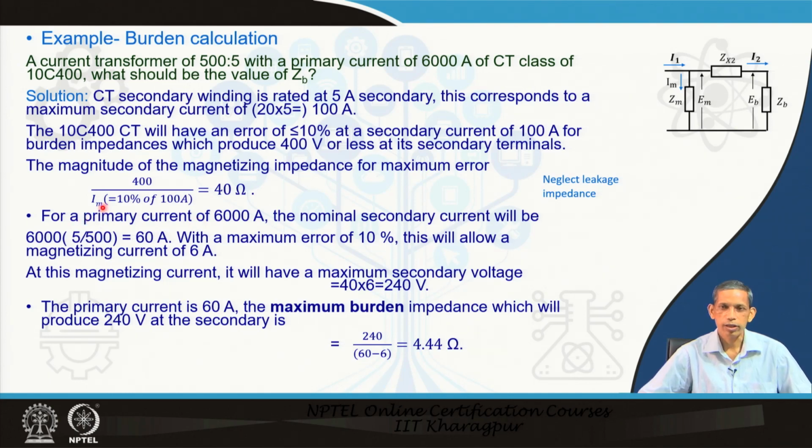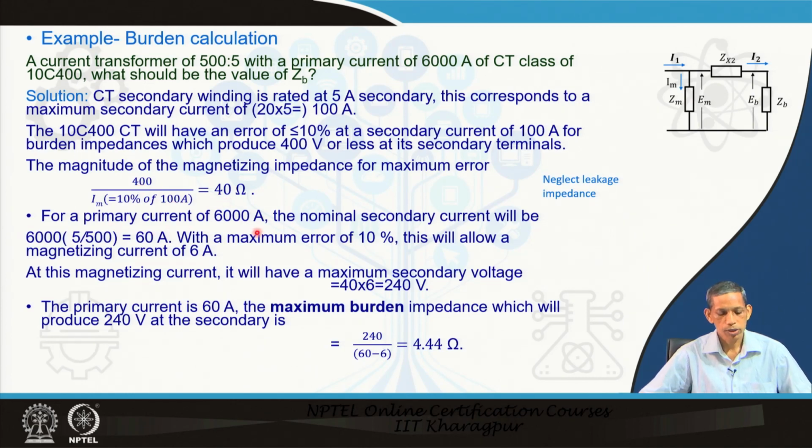The corresponding Im is responsible for it. So, epsilon is Im upon I1. Therefore, 400 volt divided by 10% of 100 becomes 40 ohm. 10% of 100 ampere is 10 ampere, so 400 divided by 10 ampere becomes 40 ohm.